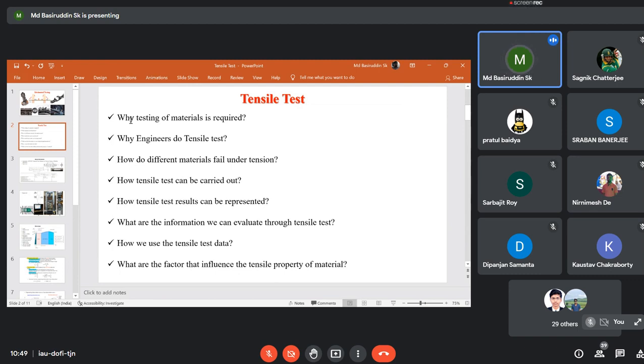Do you know about elastic deformation? Yes, sir. So what is that? Deformation that can easily go back to its original position. Yeah, that means if you release the load, it will come back to its original position, right?